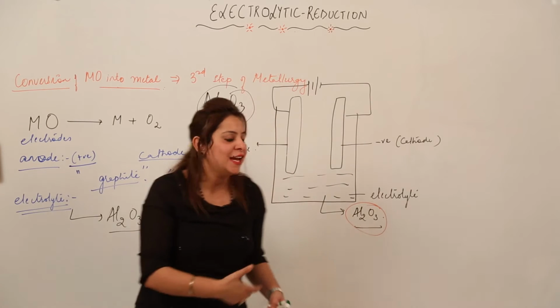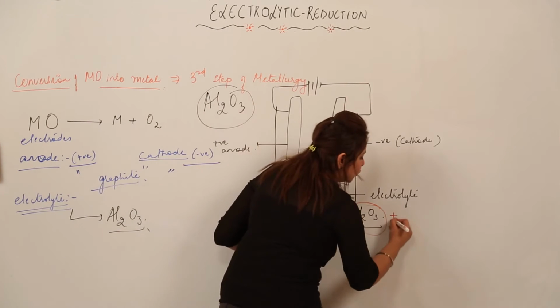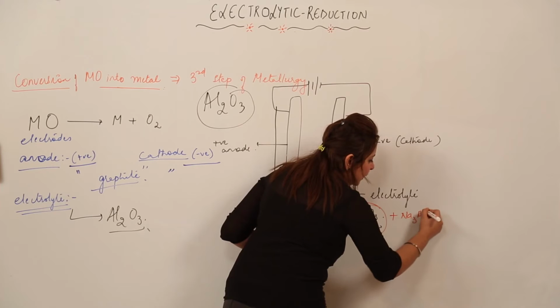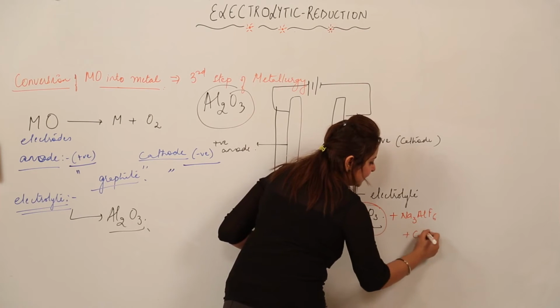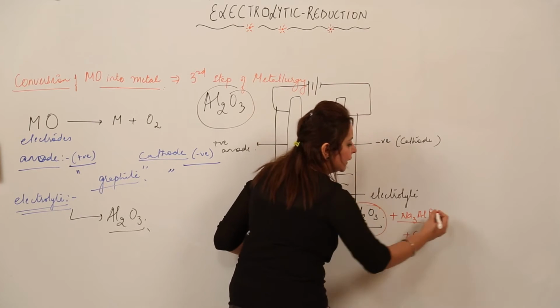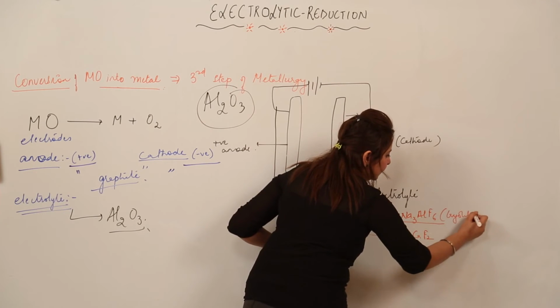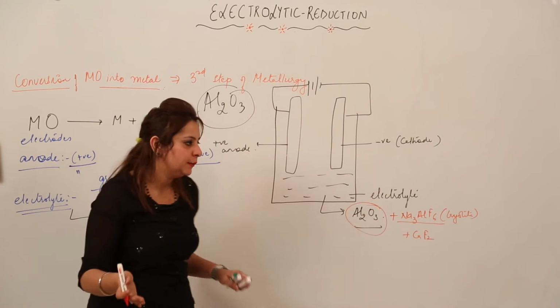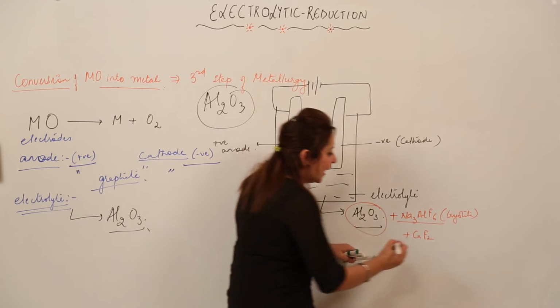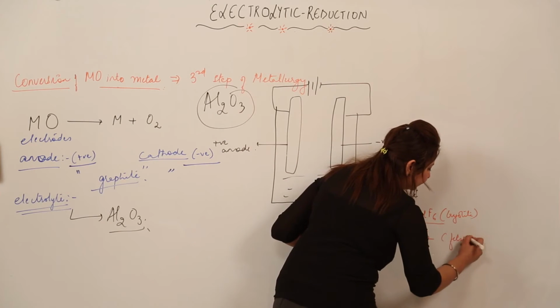In this case we add two substances, Na3AlF6 and CaF2. This is cryolite, which is also an ore of aluminium, and this is feldspar.